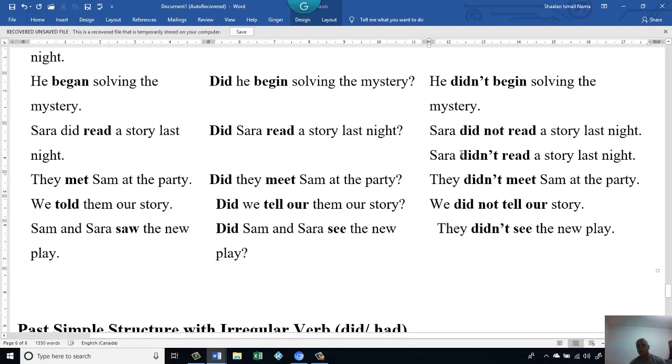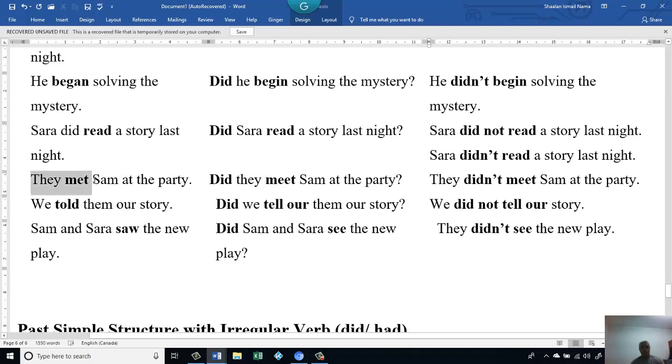Here you say, Sarah didn't read a story last night. Maybe here the speaker is putting a little more stress, or maybe he's a little angry. Then the other one is a little softer. That's the reason in any exam they say do not write on the exam paper, because they are warning a person. They could say did not write, but when you say do not, it means stronger than when you say don't.